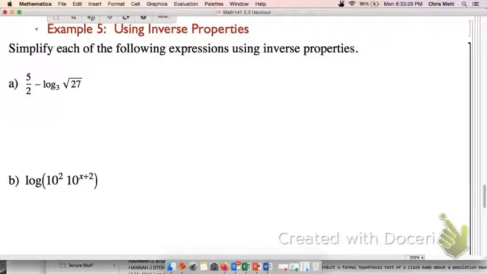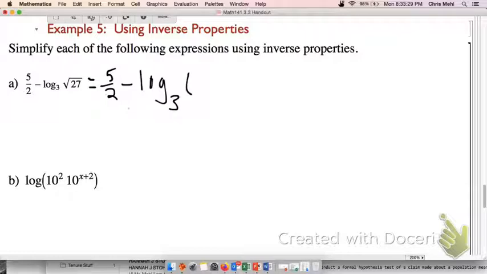Okay, so I'm going to simplify each of the following expressions using inverse properties. This first one, 5 halves minus log base 3 of root 27. I'm basically going to leave the 5 halves untouched, and I'm going to subtract log base 3, but I'm going to rewrite this in a different way.